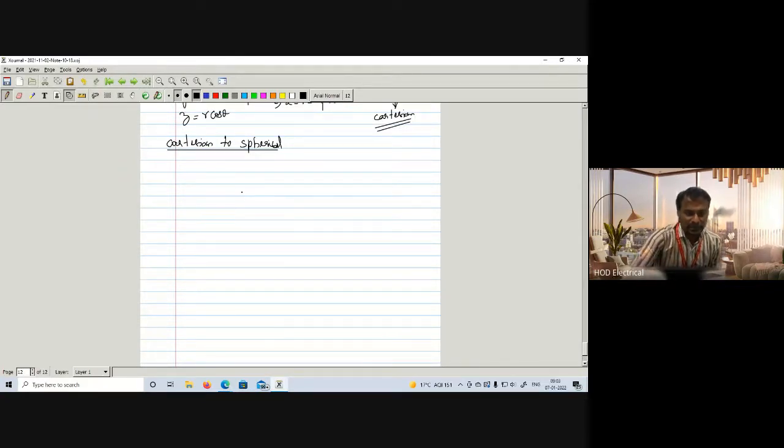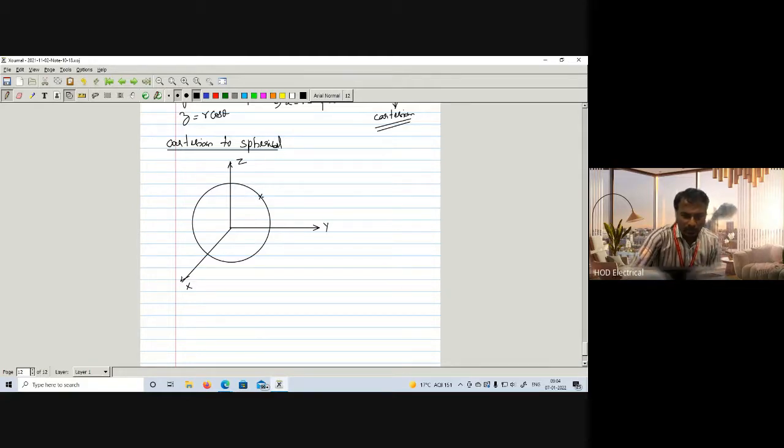So this is the circle and this is the x-axis, y-axis, z-axis. So this is the point. This is the projected radius a, and we have r and theta, whatever we have taken. So this distance will be y, this distance will be x, and this distance will be z.